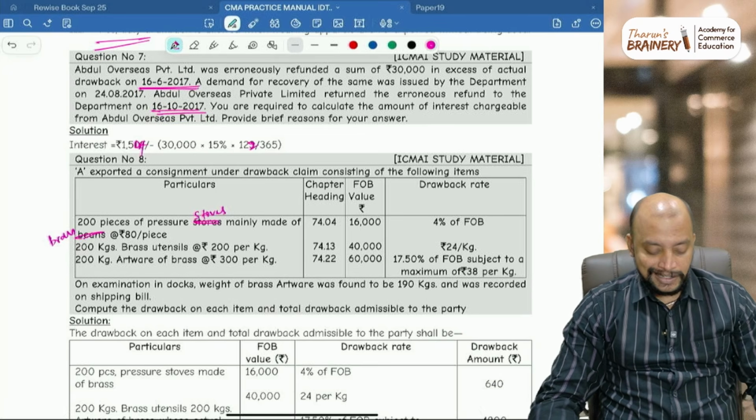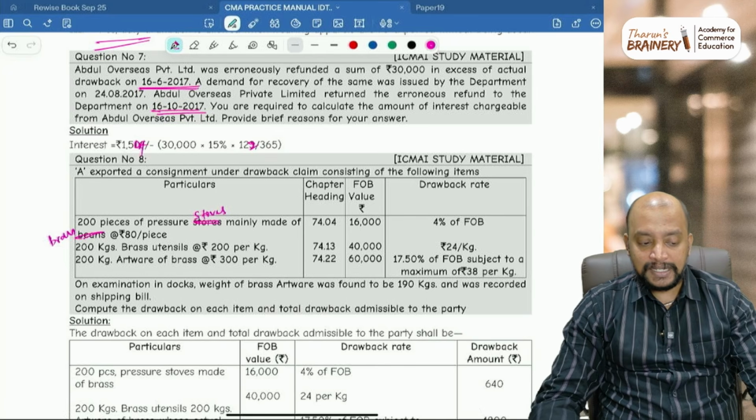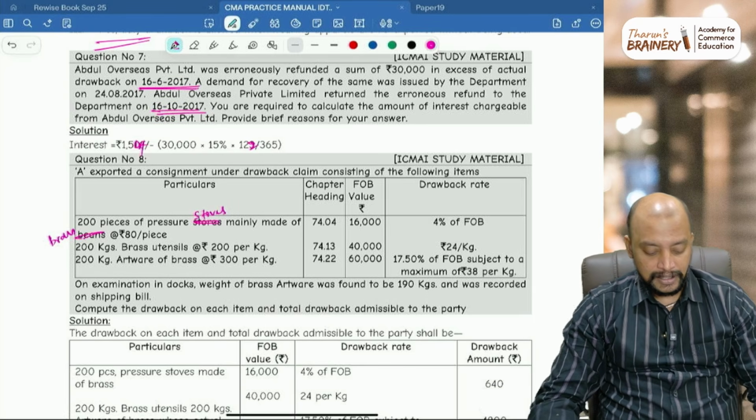Duty drawback rate is 4% of FOB. So 4% of FOB means 16,000 into 4%, that is 640 rupees you will get as duty drawback.